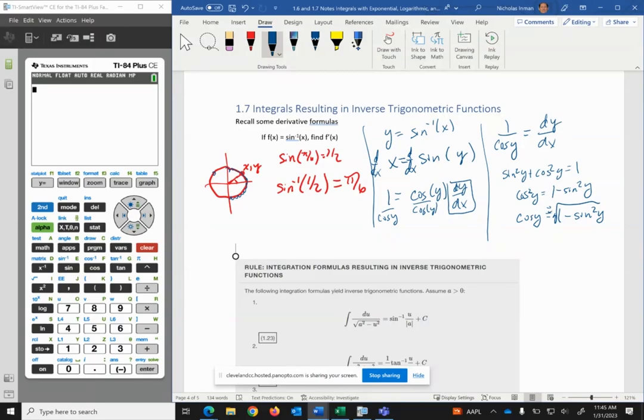When we replace, we can say, hey, remember sine of y? Sine of y is equal to x. So this entire derivative, 1 over cosine y, gets replaced with this. Sine y is actually x, squared.